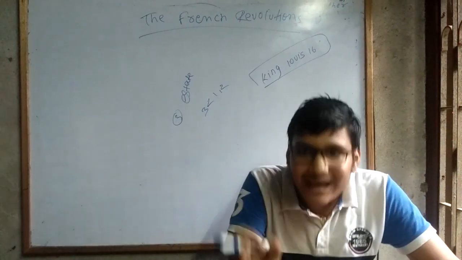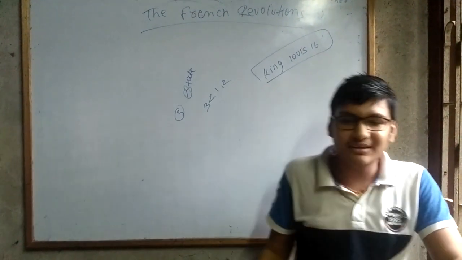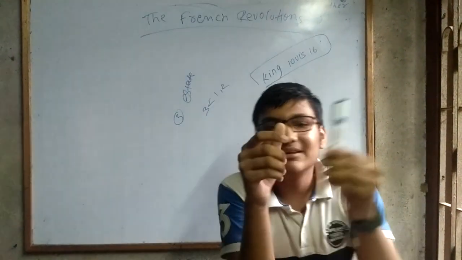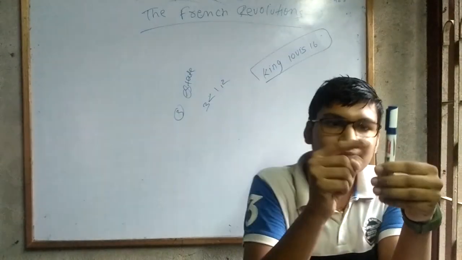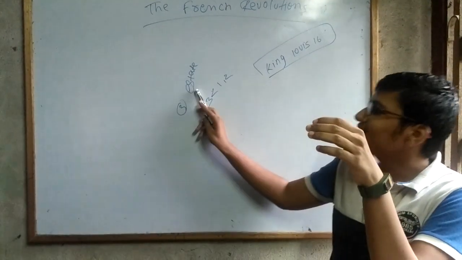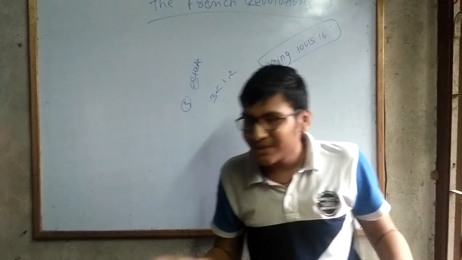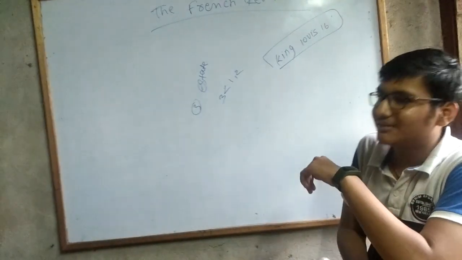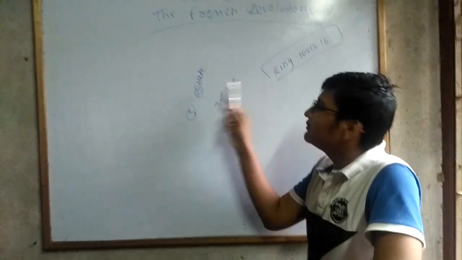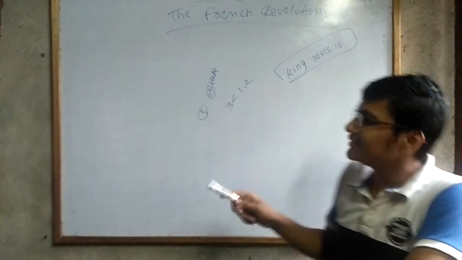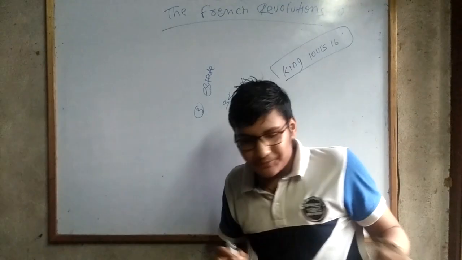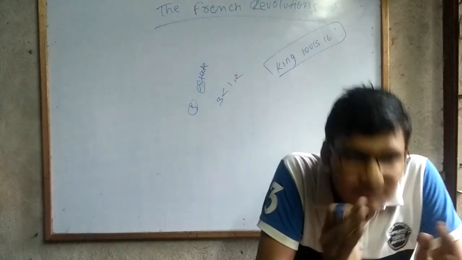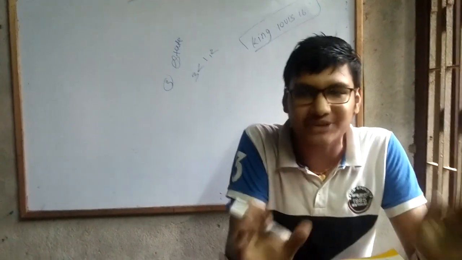Not only indirect taxes, as we also pay, such as when this marker is purchased and indirect tax is taken, but direct taxes were also applied on the third state, and that tax was given to the first state, to the churches, etc. So now we know the social structure of French society.